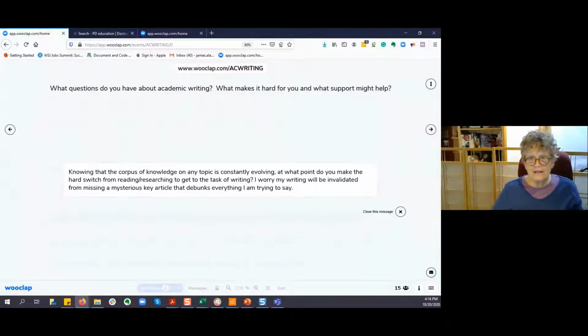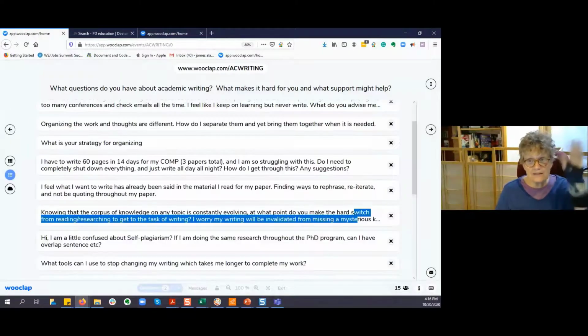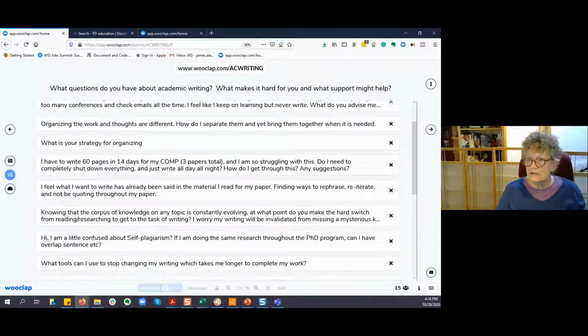And if we had considered it debunking, consider it instead just scientific conversation. No idea ever out there is perfect. And in today's world, where things are published at such a speed, none of us will ever know all of our corpus. So when do you switch from reading, researching to the task of writing? When you have a deadline, when you have to.